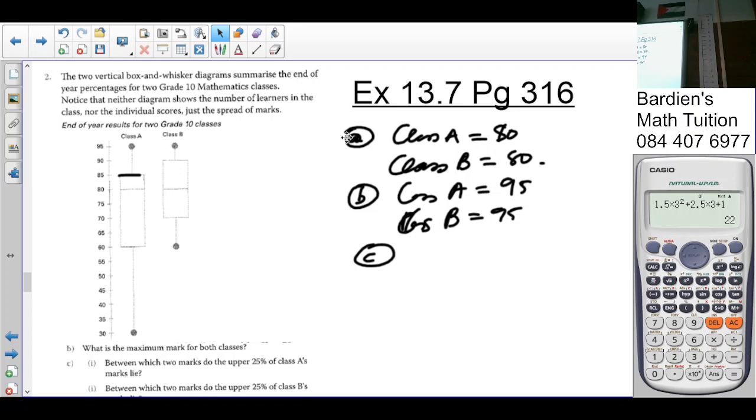Page 316. So between which 2 marks? It's on 85. So what do they want the answer to be?